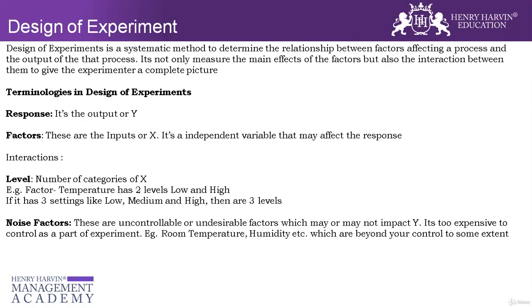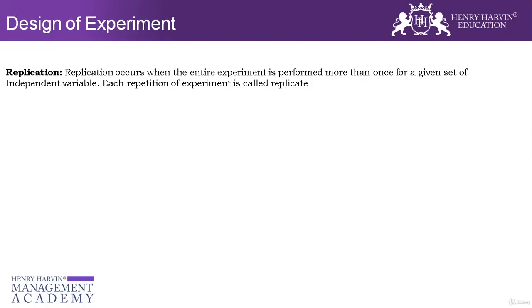So we discussed response, factors, and levels. Then replication. For example, I have done a design of experiment for 3 different factors and 2 different levels. Now I want to do the replication. I'm going to repeat the same experiment again. That is called replication.